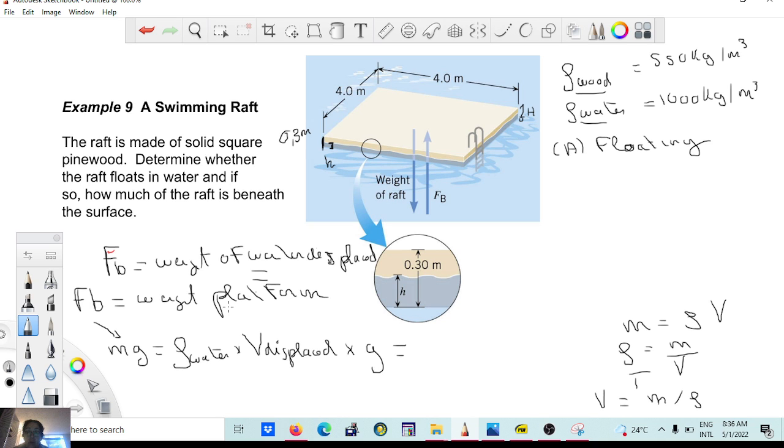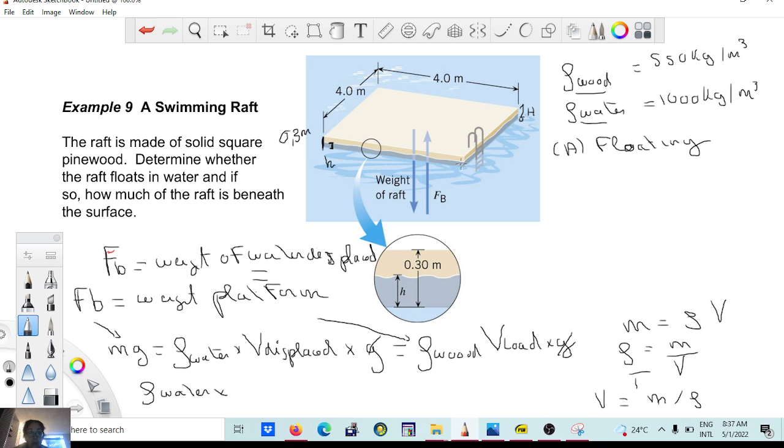That should equal the weight of the platform. So that will be the mass of the platform times g, and the mass is the density of the wood times the volume of the platform, times g. So I can cross that out. That gets us to the equation that is worth memorizing.